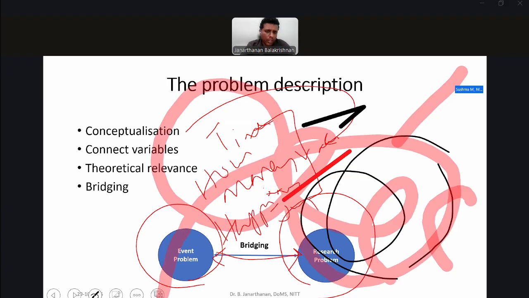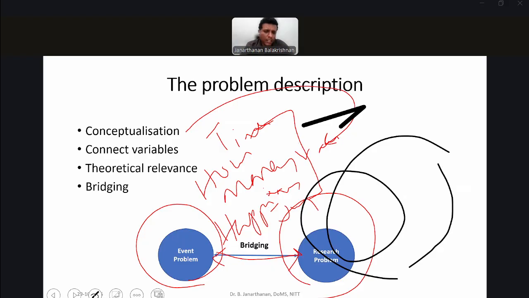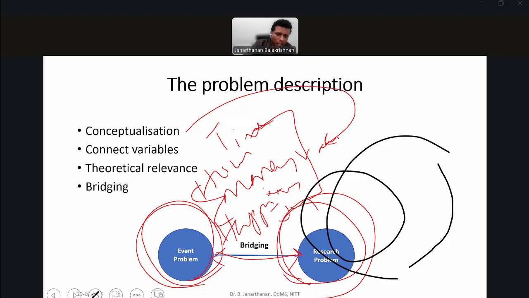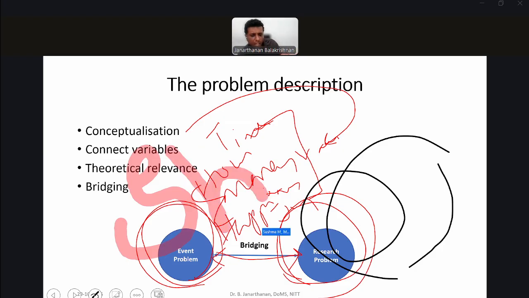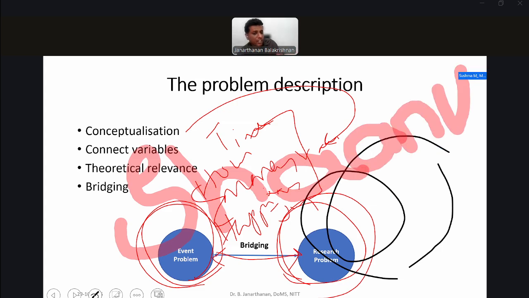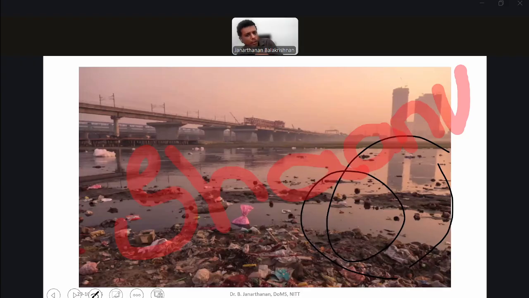That is where the conceptualization connects. You also connect the variables in a better way, and there is a theoretical difference. So this event problem is converted into a research problem. Understand the process: first you identify the event, then you identify the problem from the event, and then you convert that event problem into a research problem. Okay.